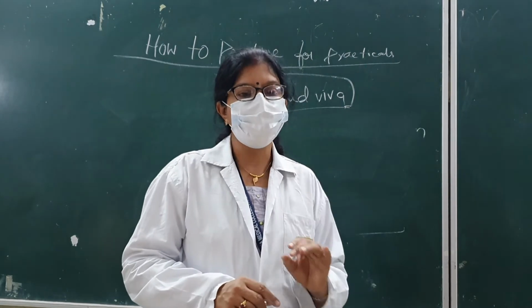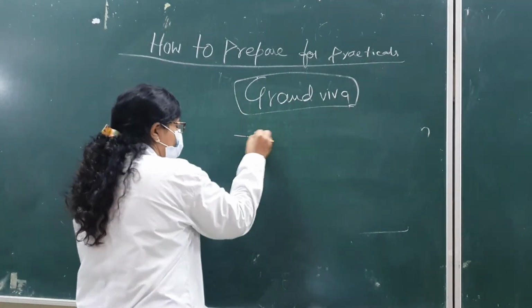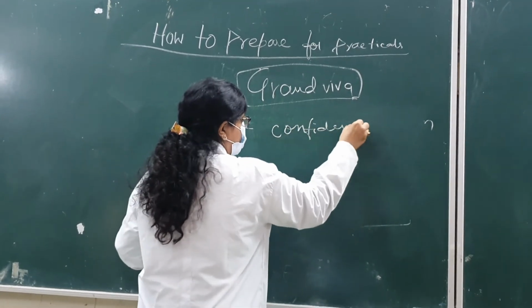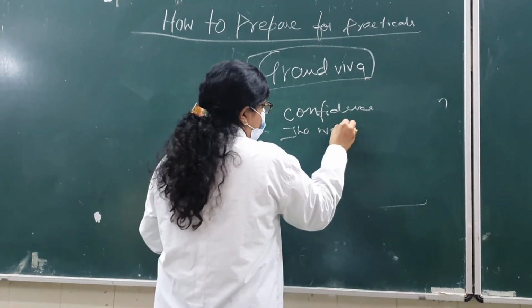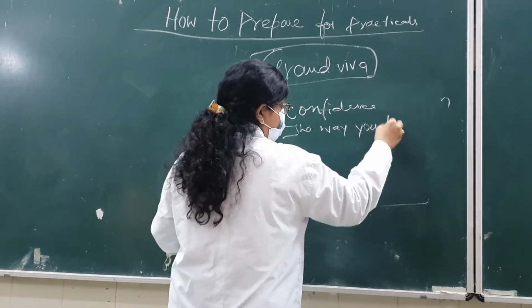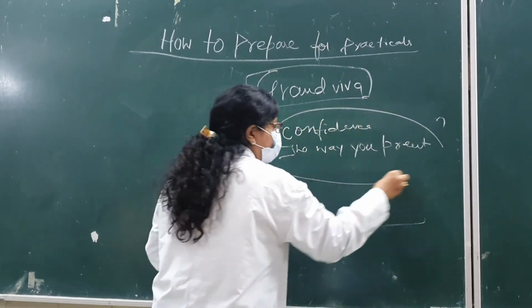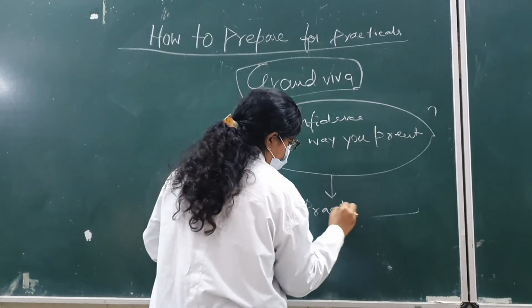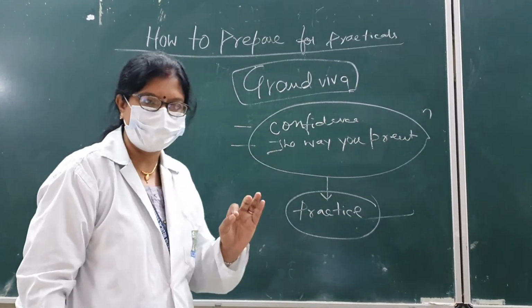And the most important thing in practical is what? Your confidence and the way you present, and all these will come with practice. So you have to practice for the practicals.